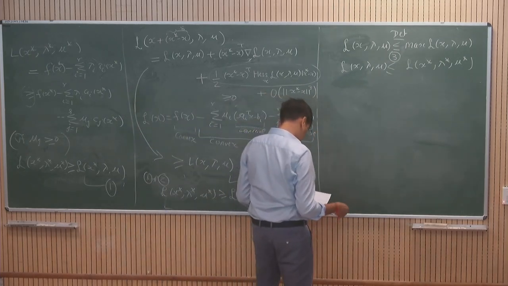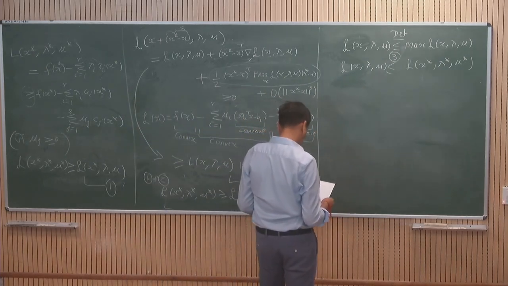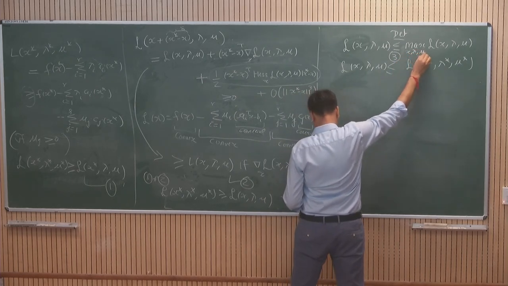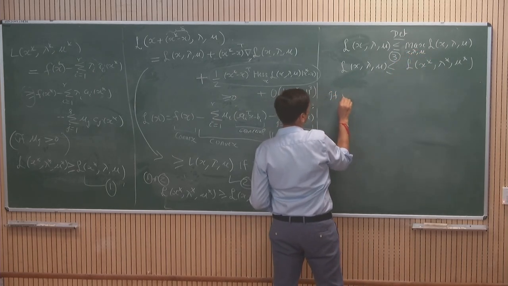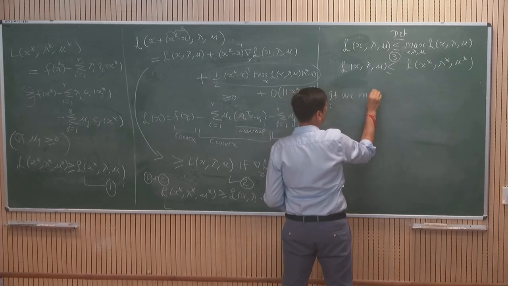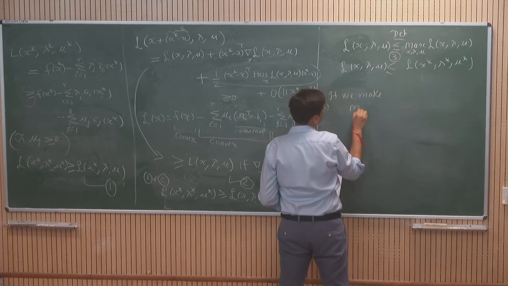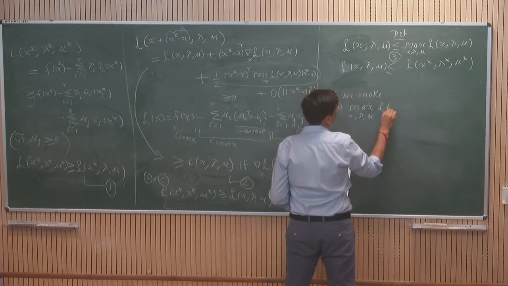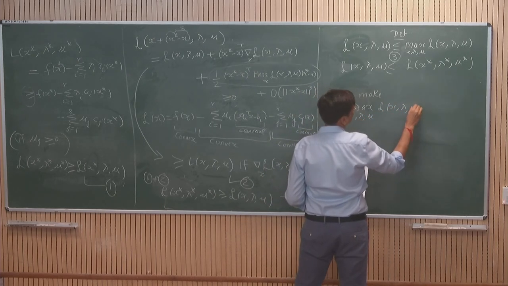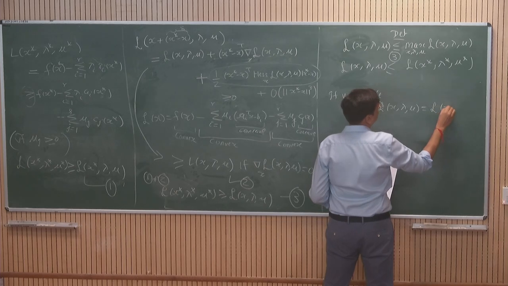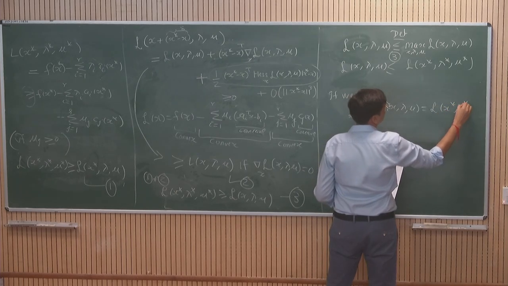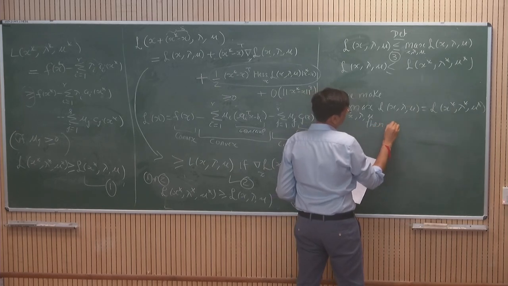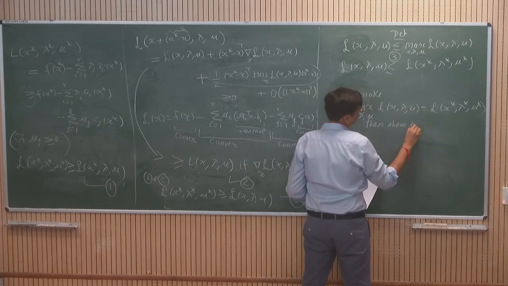So what do we get? So if we make the maximum over x, lambda, mu of L of x, lambda, mu equal to L of x star, lambda star, mu star, then the above is true.